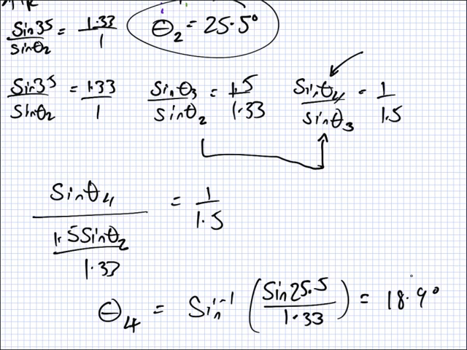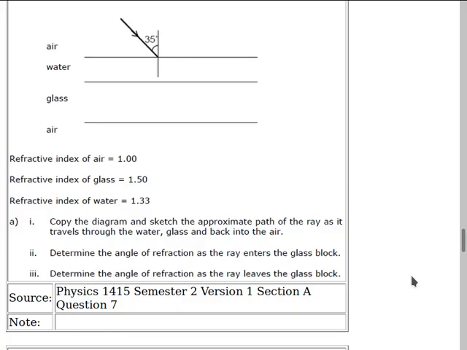Which one is this? This one is 1415, Semester 2, version 1, A7. 35. I did not get 35. Why did I write 30.5? What is the answer? 35.